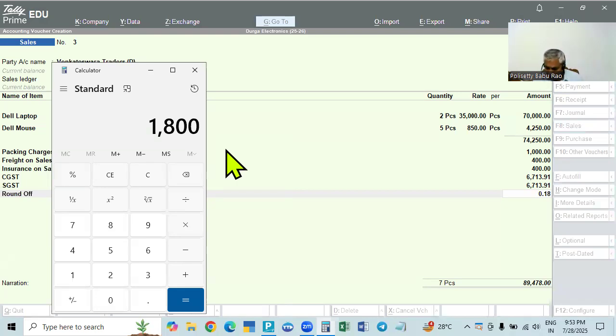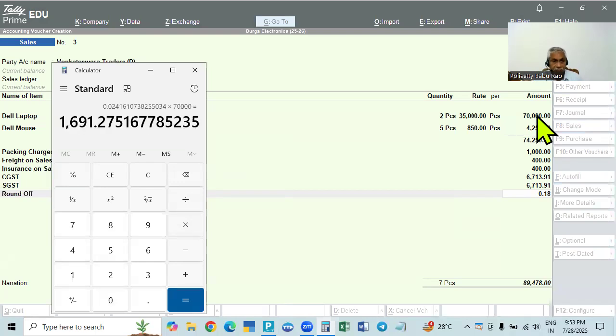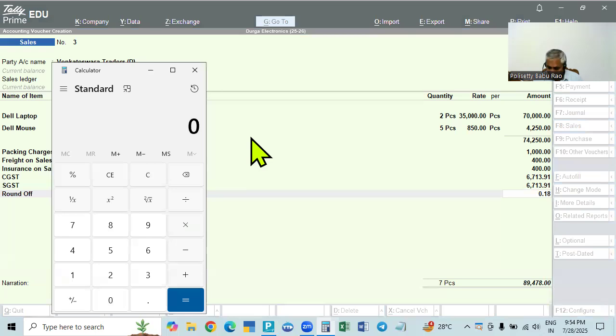I am taking total 1800 rupees for 70,000 out of 74,250. Then what is the share for 70,000? It will be 1691.28.